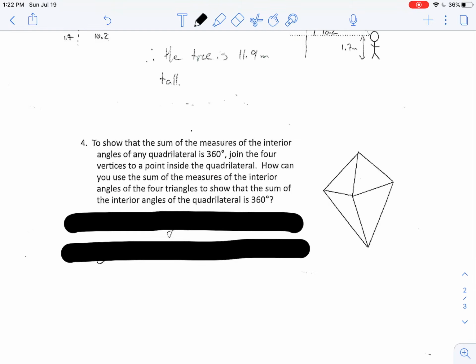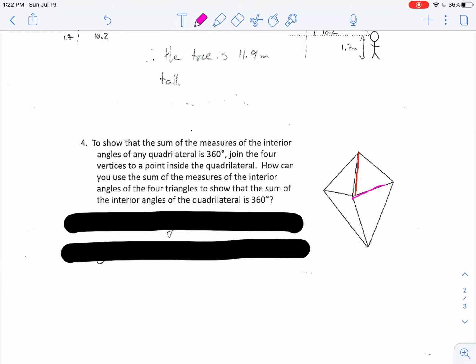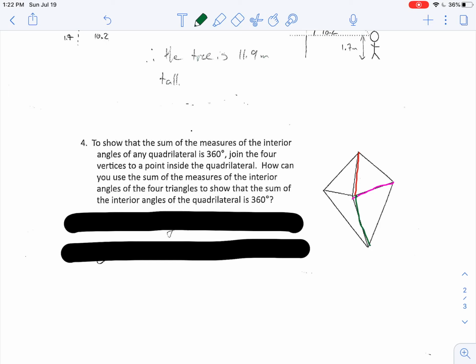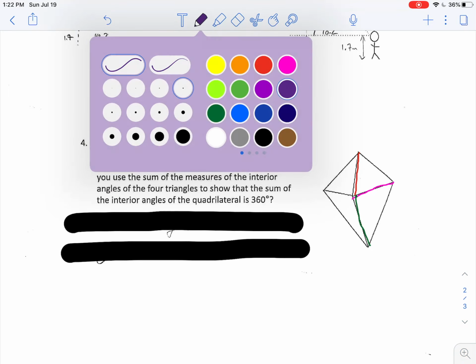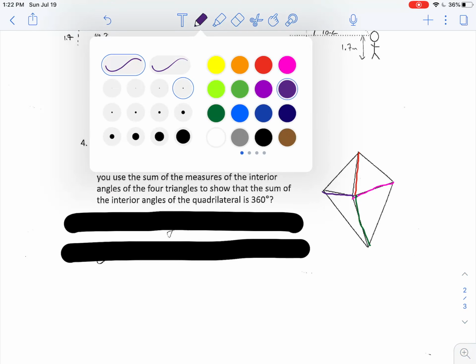Okay, so I'm just going to quickly draw that. I'm going to use some different colors here. So from one vertex to the middle, let's do another color. From another one to the middle, and let's go here. From this to the middle, and purple. Right, so all these lines, and I'll make this a little bit more obvious here with the thicker black line.